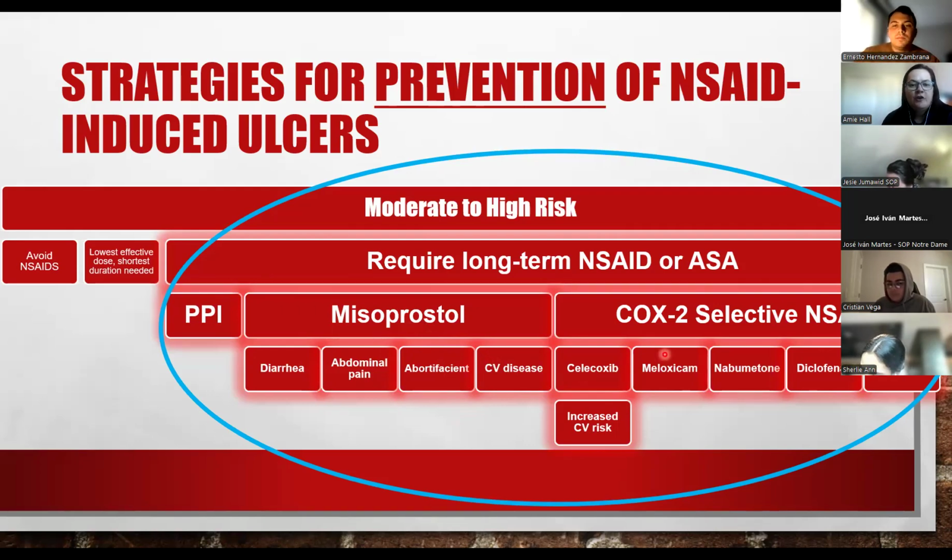And then the other thing we can do is look for COX-2 selective NSAIDs, because remember, it's the inhibition of COX-1 that causes the problem. So if we can avoid inhibiting COX-1 and do more COX-2 selective, we can help decrease that risk. Not eliminate it, but decrease it. So celecoxib is a COX-2 inhibitor specifically, but we do have to be mindful that it has increased cardiovascular risk. Meloxicam is more COX-2 selective.